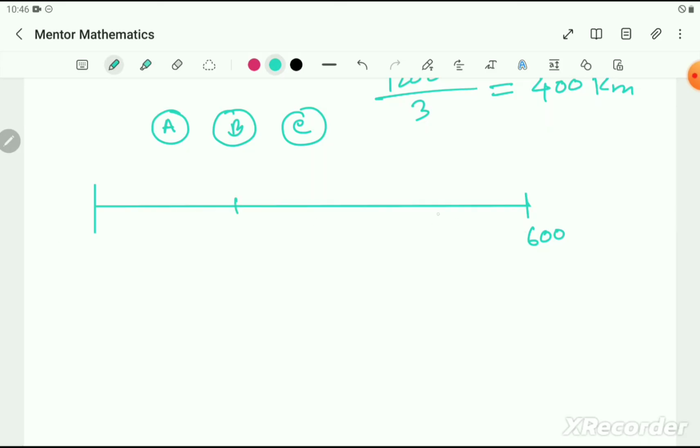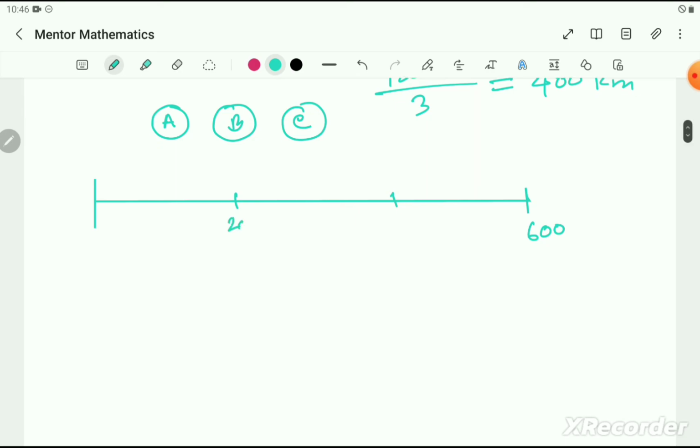For example, this is the 200 mark, this is 400 kilometers, and this is 600 kilometers. For the first case, let's say tire A and tire B are operational. That means after reaching this 200 kilometer mark, tire A and tire B will have traveled 200 kilometers, right?